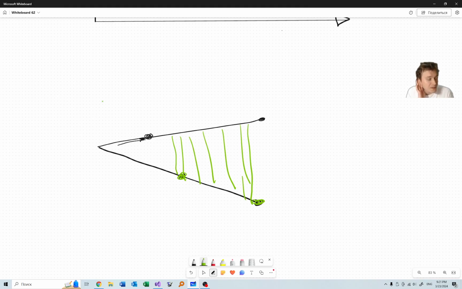And we will need to somehow fix it. Well, the fix should not be very hard.